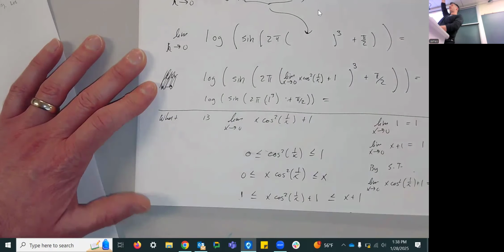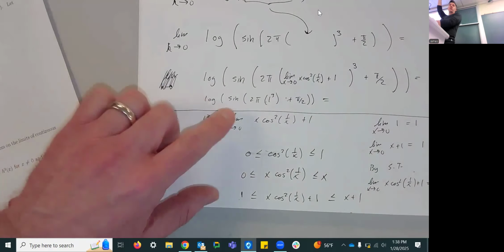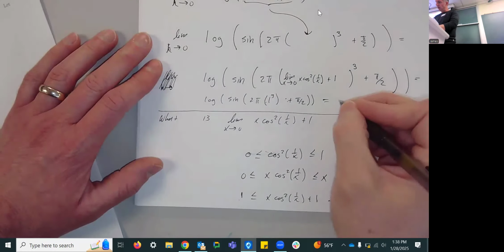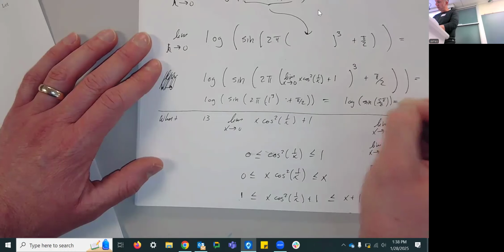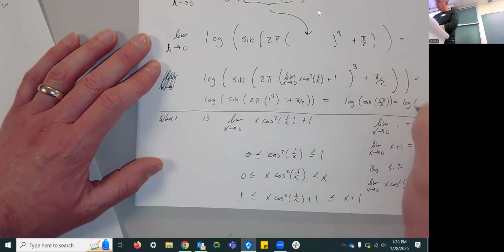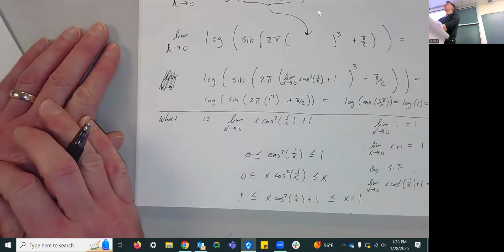So we're up at the top part of the unit circle where sine of that is equal to 1. So we're going to get log of sine of 5 pi over 2, which is equal to log of 1, which is equal to 0. All that work for nothing.